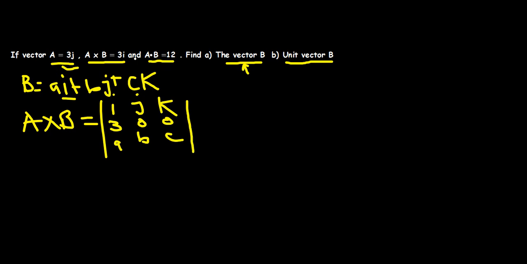So let's find the cross product. It will be i times the determinant of 0, 0, b, c, and then minus j. When you cancel out the jth column and the first row, we remain with 3, a, 0, c.